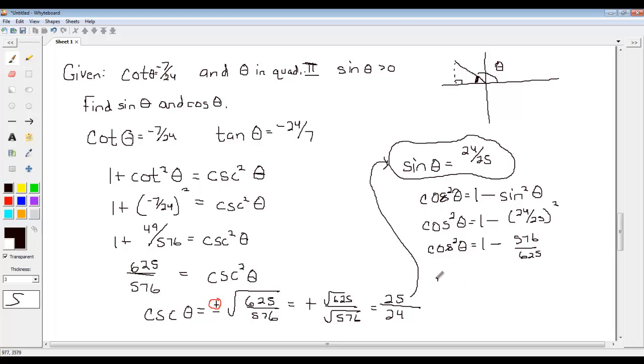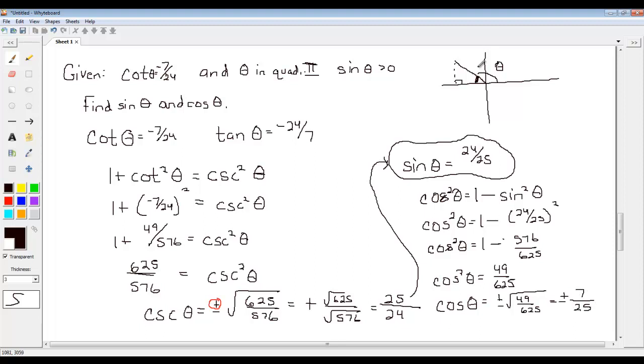So cosine squared theta is going to equal 625 minus that, which gives you 49 over 625. But to get cosine, we have to take a square root here. So you get plus or minus the square root of 49 over 625, so plus or minus 7 over 25.